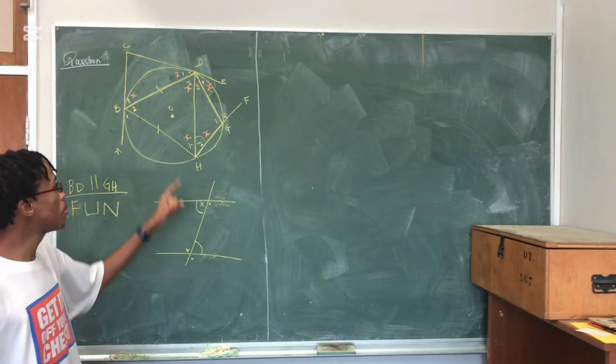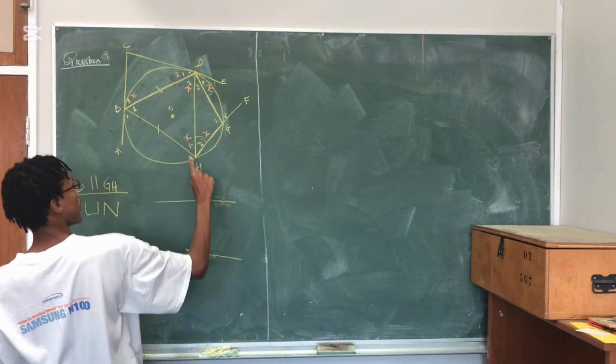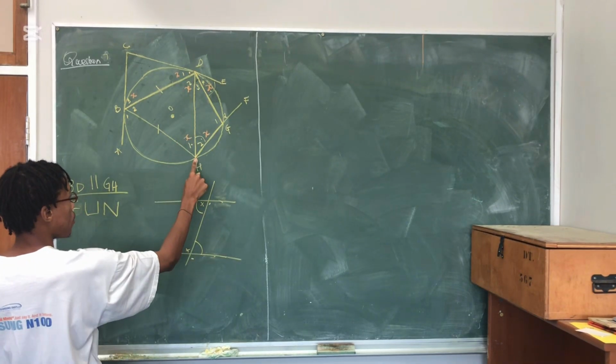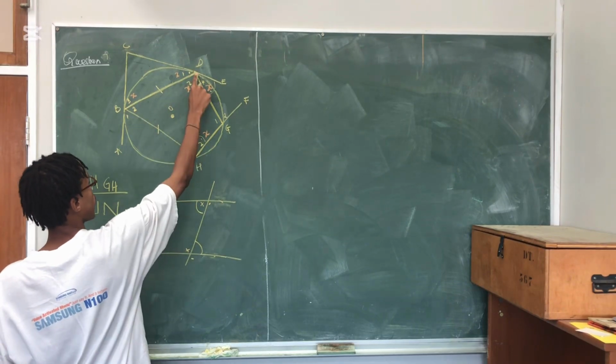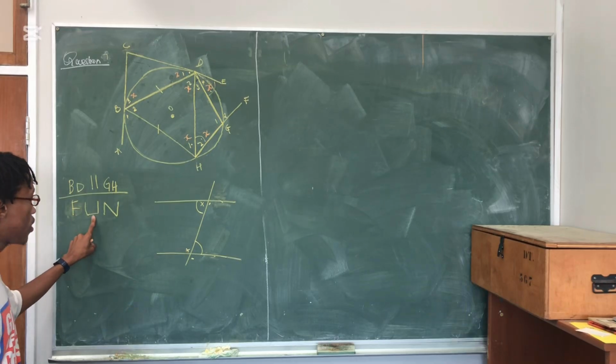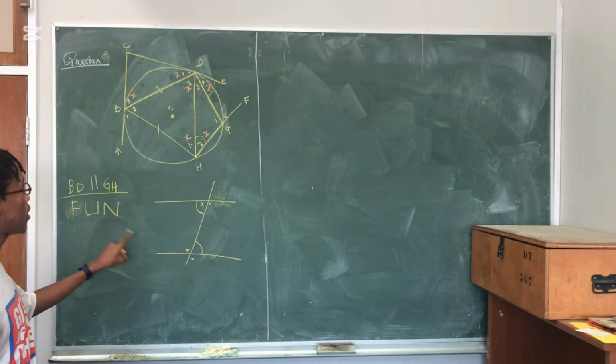We're going to use the same logic here. When we look at these two, we have BD and HG, and they do have a line intersecting them. So we can use one of these, either corresponding, co-interior, or alternating angles. Let's try looking at alternating angles.